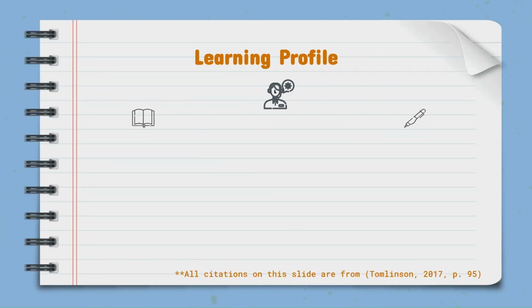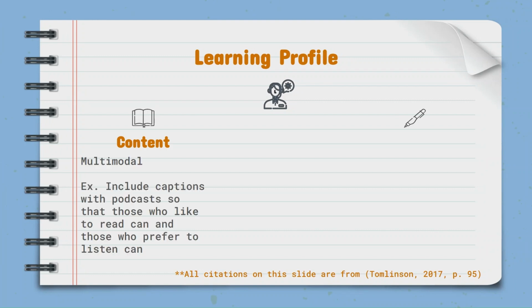So now we're going to go through the content, process, product for learning profile. For content, be multimodal. An example would be including captions with podcasts so that people who like to read can read and the people who like to listen can just close their eyes and listen. Again, multimodal.